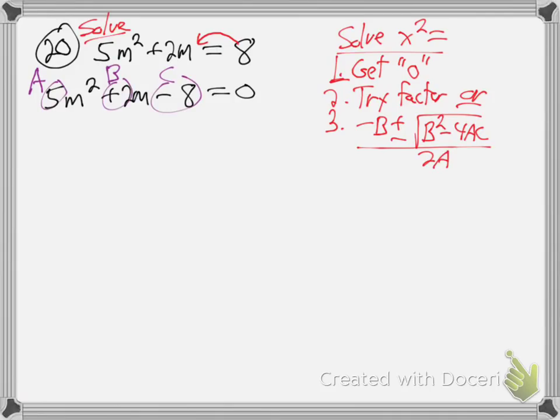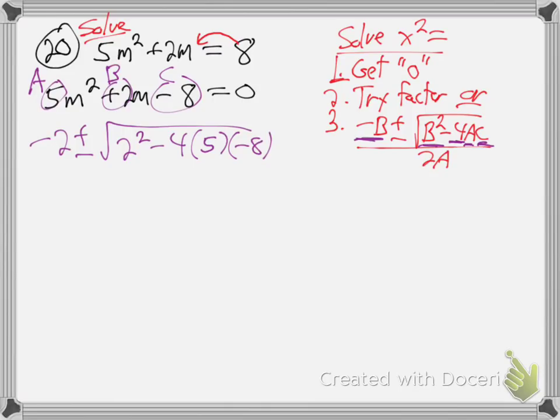So I'm going to do the quadratic formula, negative b plus or minus the square root of b squared. So that would be 2 squared minus 4 times a times c, times 5 times c, which is negative 8, all over 2a. a again is 5.